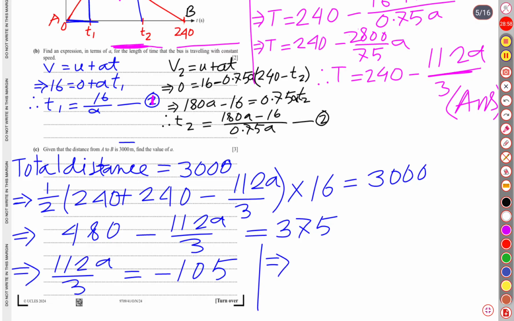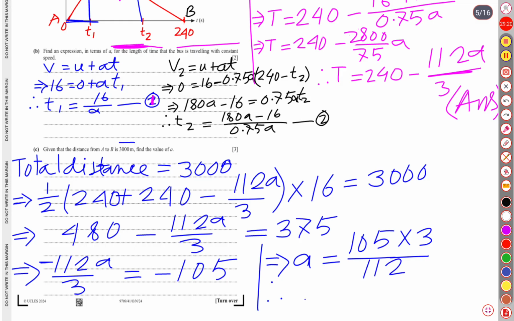Our a should not be negative, both of them are negative actually. So a is equal to 105 into 3 over 112.